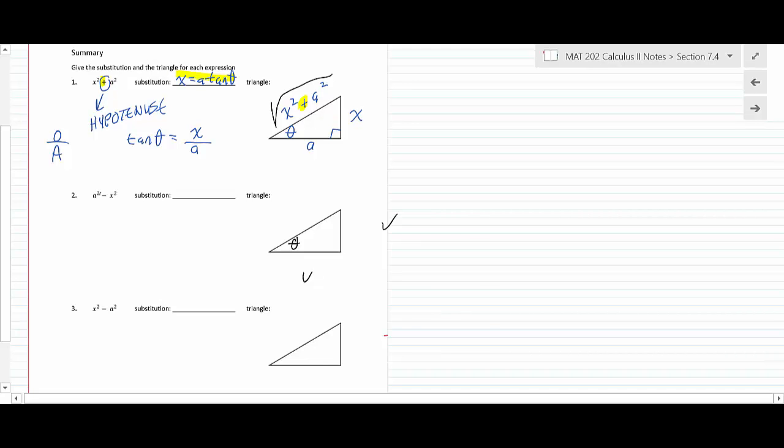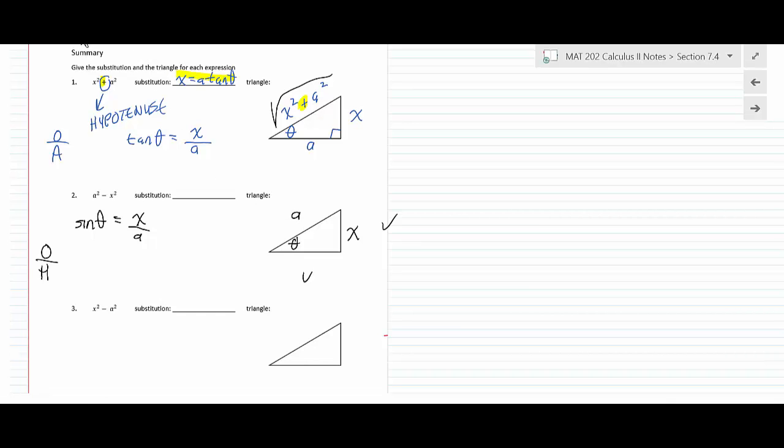Now if you do a sine on this one, again, what you want is x over a. You always want x over a in your trig substitution. What's the definition of a sine? It's opposite over hypotenuse. So where does the x go? The x goes there. The hypotenuse goes there. That's a.